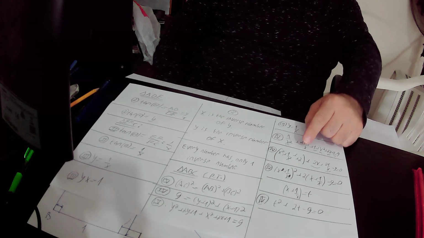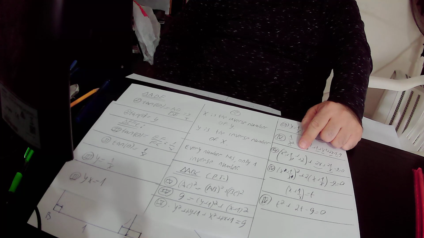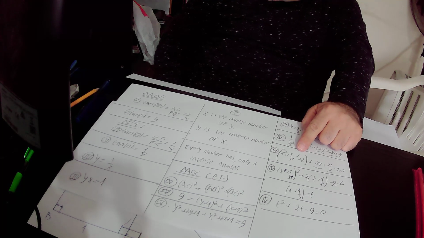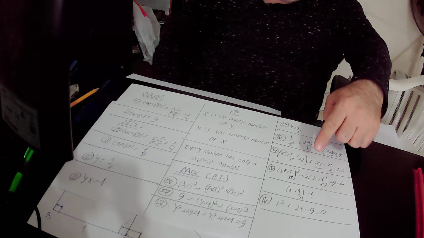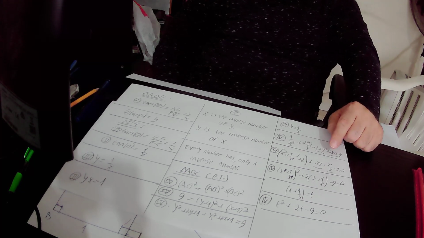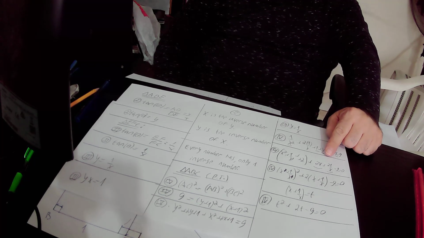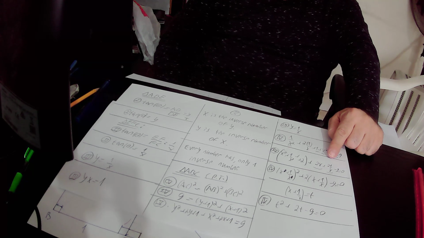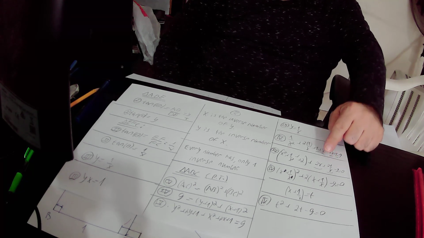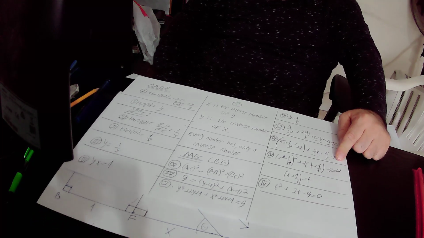Inside the brackets, this expression equals (x plus 1 over x) squared, so we substituted this expression by (x plus 1 over x) squared. And here we took 2 as a common factor from those two expressions, and inside the brackets we are left with x plus 1 over x, minus 9 equals 0.